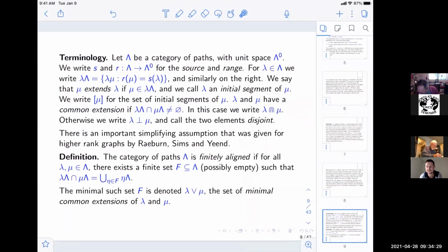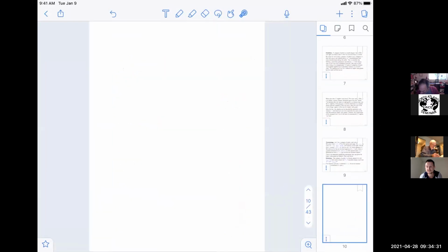So let me try to draw a picture. Okay, so here's the way I think about it. Here are two paths with the same range. So a common extension means that you can fill in the rectangle this way.